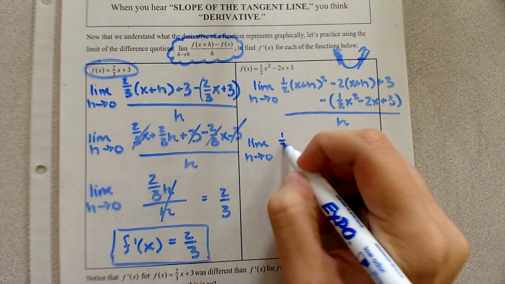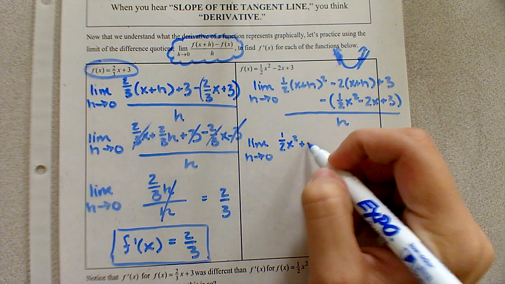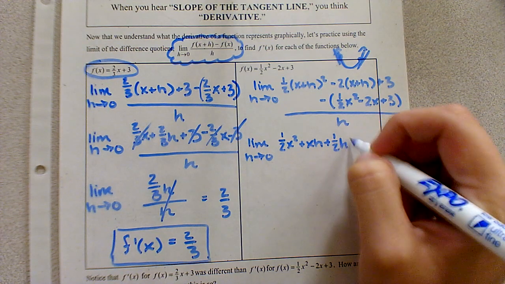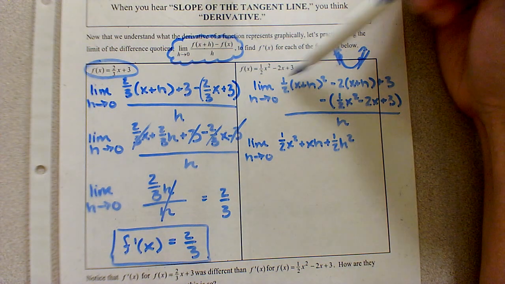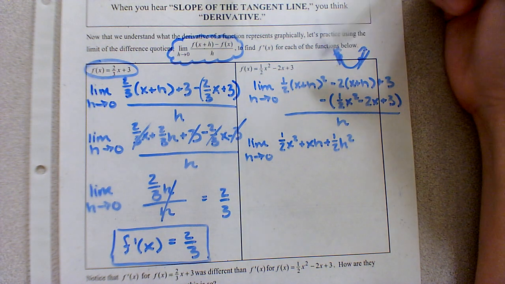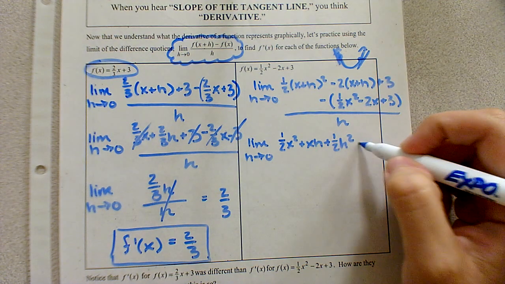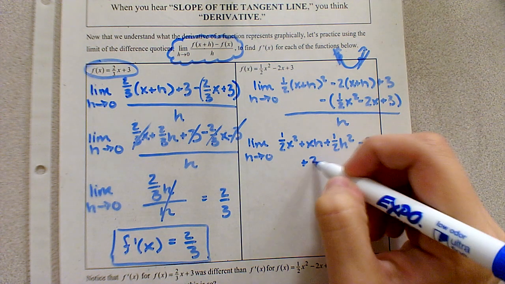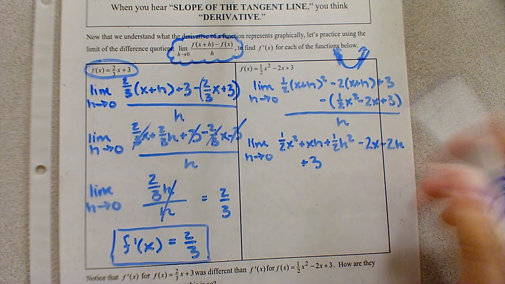So we'd have 1/2 x squared plus xh plus 1/2 h squared. So that's just this first part rewritten and simplified. We then can distribute in the -2, and then we can distribute in the minus sign.